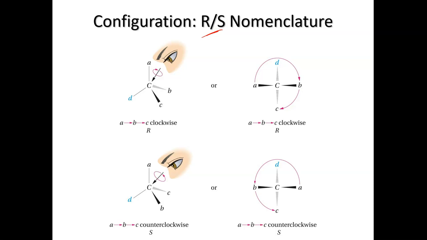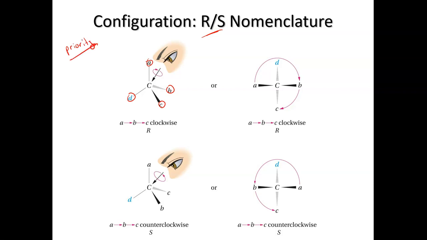So with this name, I should be able to draw something out, and I should be able to draw something out and name it. This process of assigning priority is an important part of this. We have to be able to prioritize these different groups that are attached to our chiral center. So that's going to be part of this process, is prioritization.